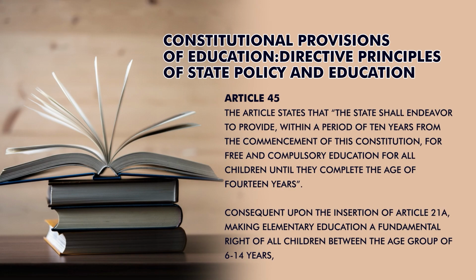Accordingly, just to recapitulate Article 45, it states that the state shall endeavor to provide, within a period of 10 years from the commencement of the constitution, free and compulsory education for all children until they complete the age of 14 years.